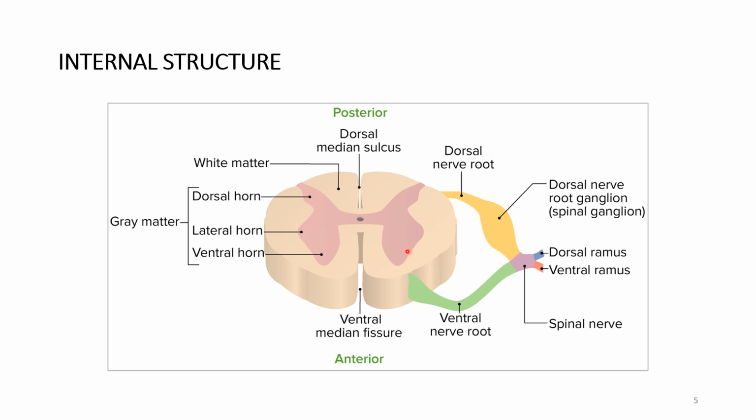This grey matter is attached to ventral nerve roots and dorsal nerve roots. Dorsal nerve roots carry sensory information and ventral nerve roots carry motor information.